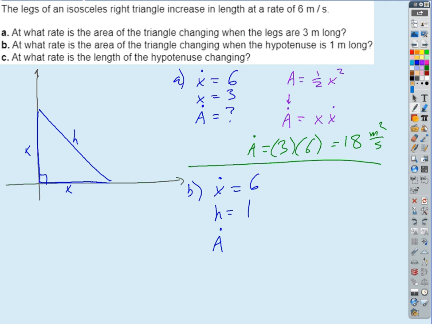Okay, so what do you think? I mean, we can still use the same parent equation that we had before, right? But what's the problem in part B? We don't have x, right? We don't have x, and so what are we gonna do?